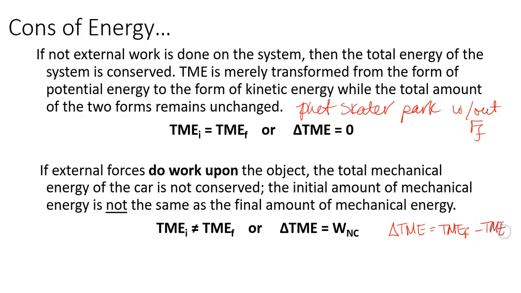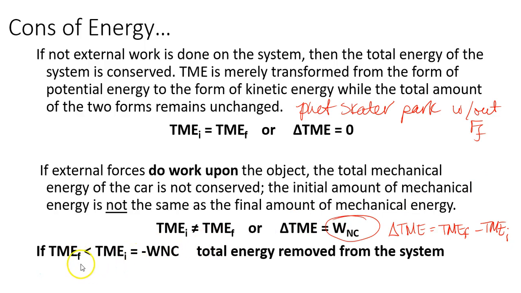Any change is final minus initial. There's going to be some leftover work done in this case because they won't equal each other, and the mechanical energy actually changes in your system.